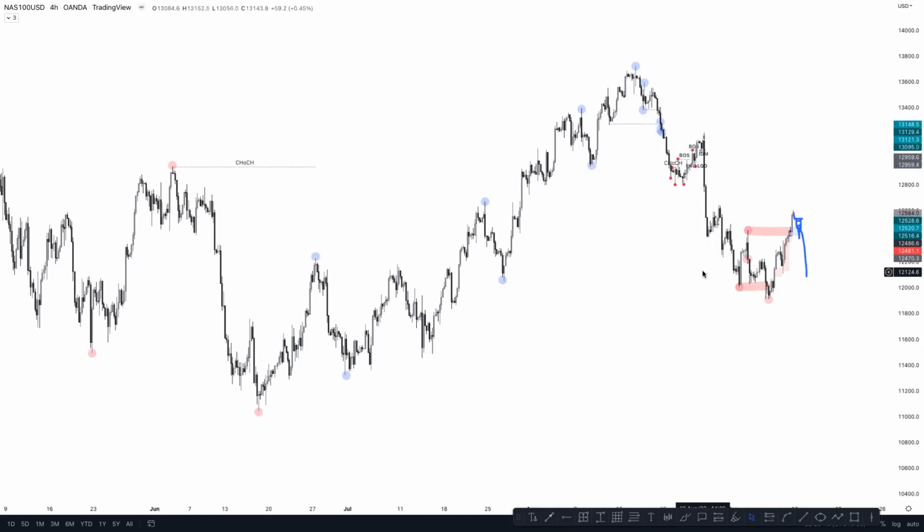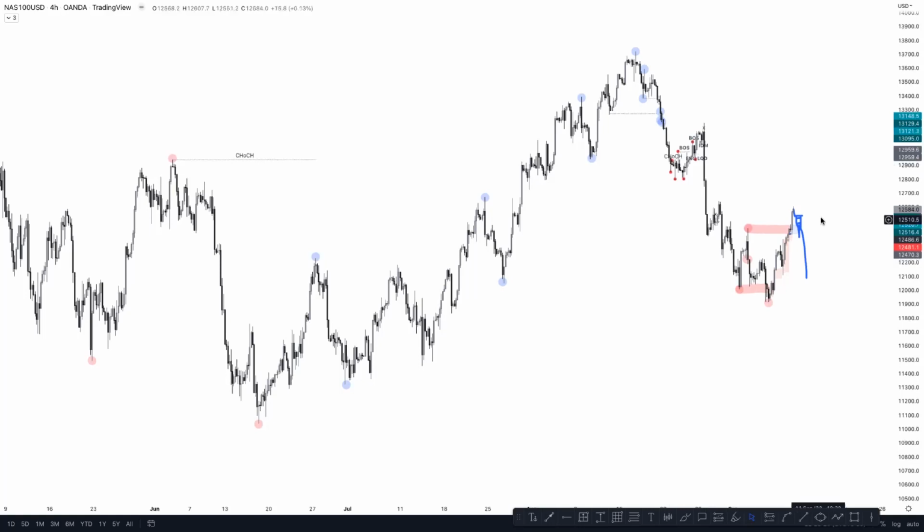Taken out the inducement, push downside. And I don't know how you are saying that there is a 4 hour supply. There is no 4 hour supply, but this is a counter trend supply.